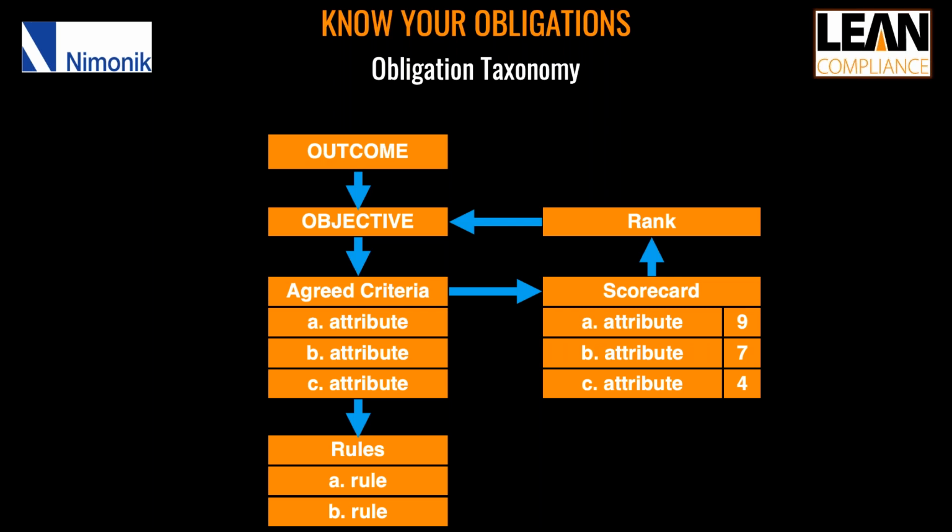All of them have some kind of expected outcome, either one that you specify or the regulation or the standard has put in there. In order to achieve the outcome, you need to achieve certain objectives in order to produce and advance the outcomes that you're looking for. Okay, so objectives are the components, let's say, that produce the outcomes.